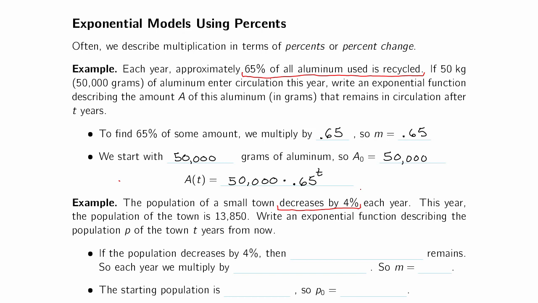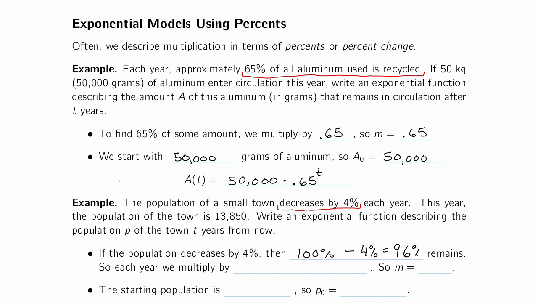This year the population is 13,850. We want to write an exponential function describing the population T years from now. So, if the population decreases by 4%, well, it starts out with 100%. We start out with the whole population, and we lose 4%.